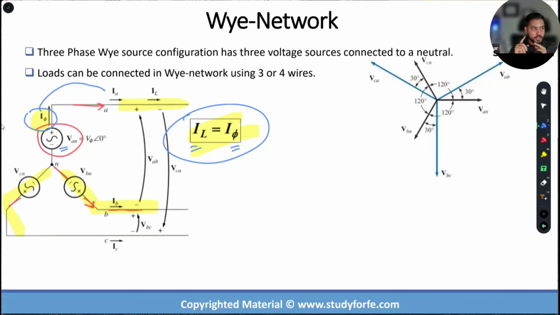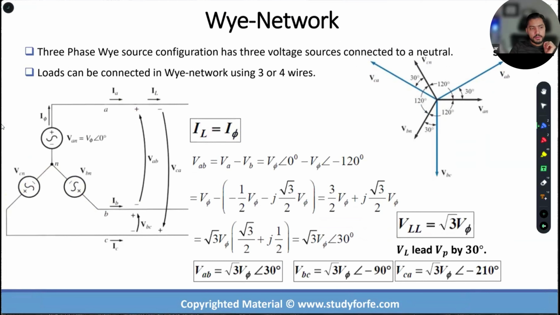And same is true for delta when compared to Y. All you need to do is to take 15 to 30 minutes very carefully and calmly working through these steps. And you don't need to memorize square root 3 and 30 degrees once you have this understanding once. Okay? So the line current on a Y network is equal to the phase current because of this very reason.